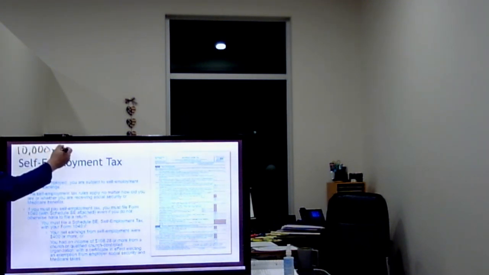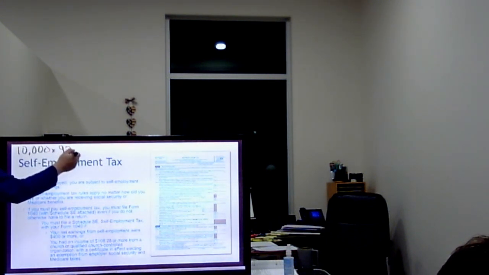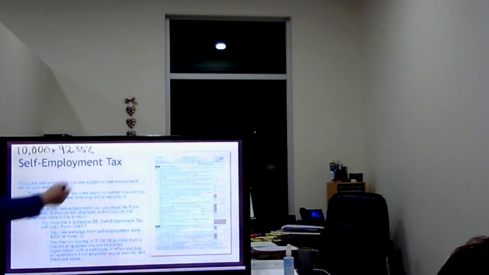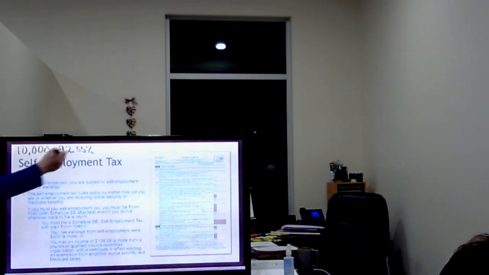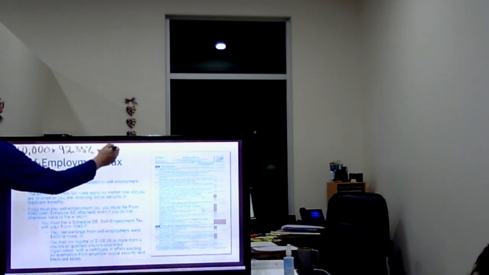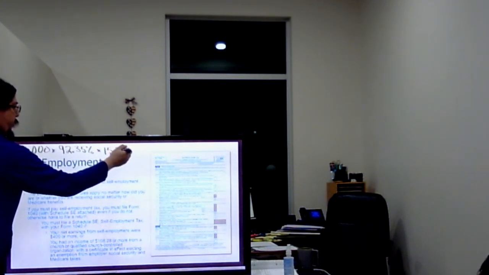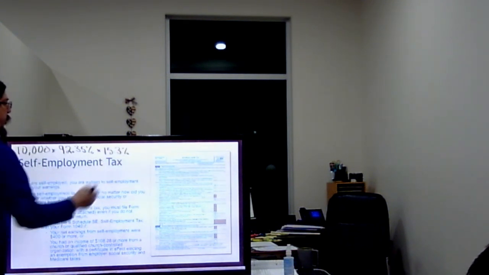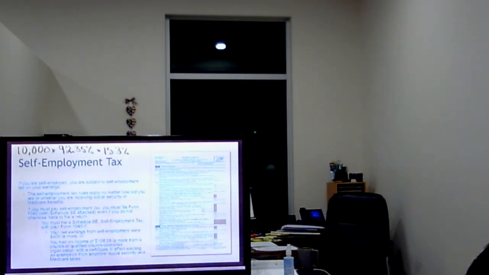So 100% minus that 7.65% is 92.35%. You get that multiplication first, and then you multiply by the whole 15.3%, which is the employer and employee share of Social Security and Medicare tax.